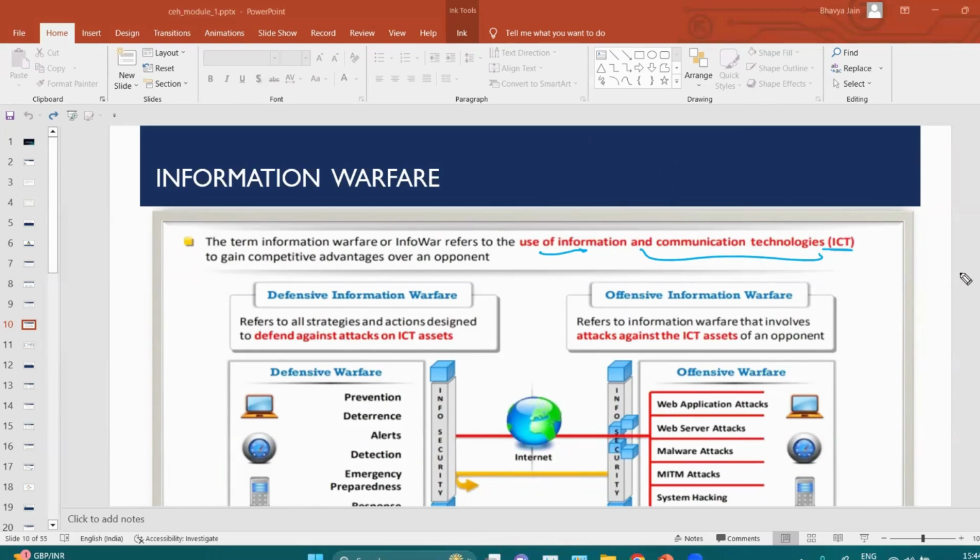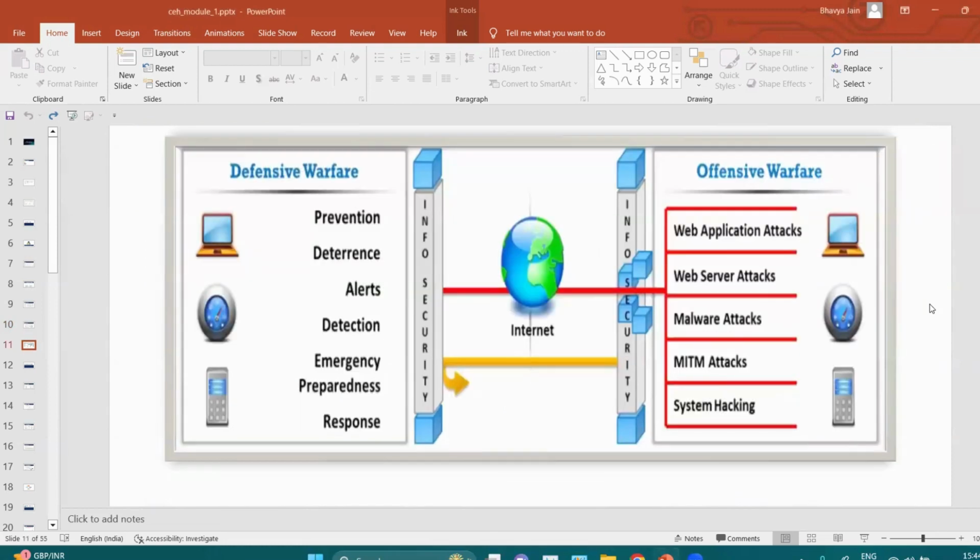Whatever security protocols or security mechanisms we are applying, or whatever attacking methodologies we are applying. For example, the offensive side will only attack. They will create malware and new methodologies for attacking the target system. Whatever they are doing here is illegal.